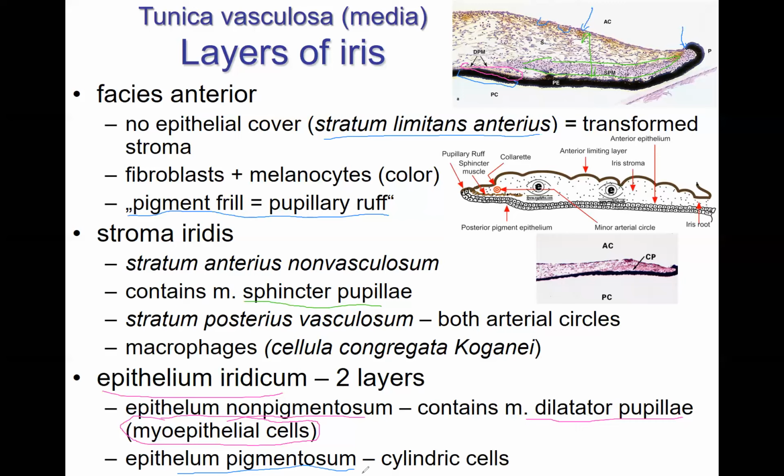In the ciliary body, the most posterior is non-pigmented. So this is an important histological difference between these two. And the stroma, which I have skipped, also contains vessels. There are like two layers. The anterior has just small vessels. In the posterior layer, there are bigger vessels, the arterial circles.